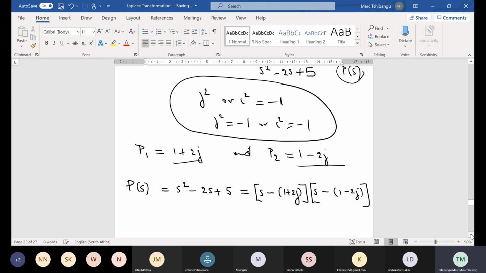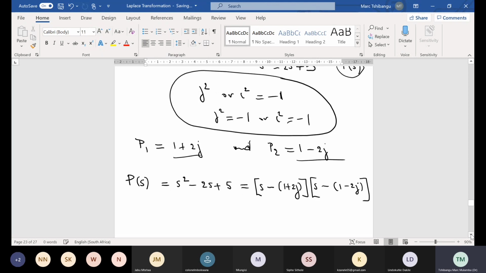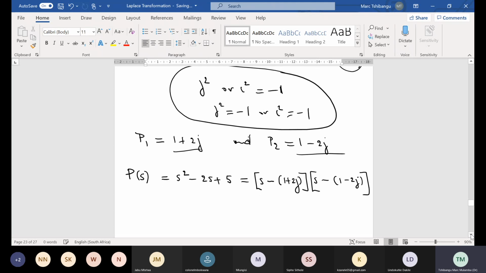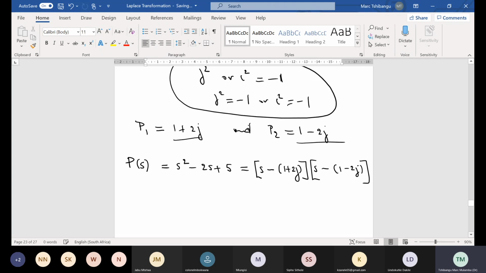So we can then substitute this and say Y of s is equal to s plus 1 over (s minus 1 plus 2j) into (s minus 1 minus 2j).